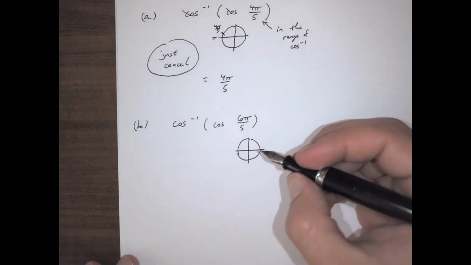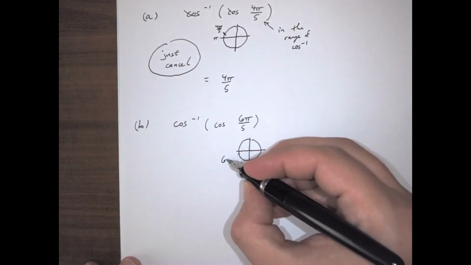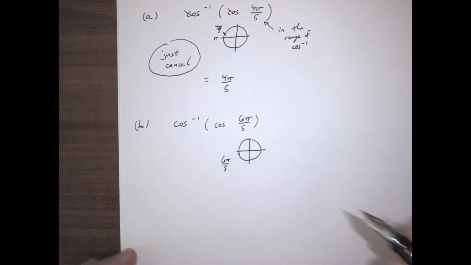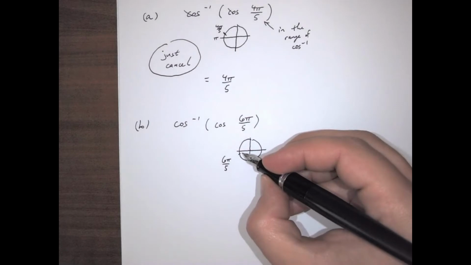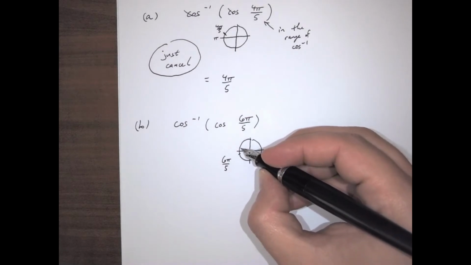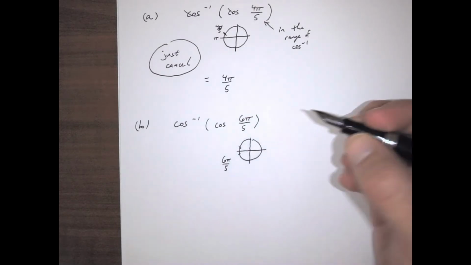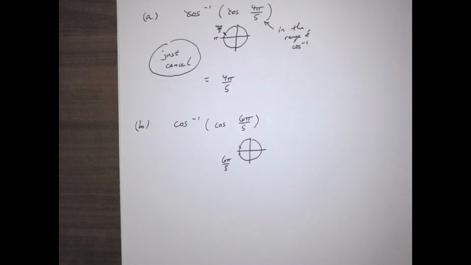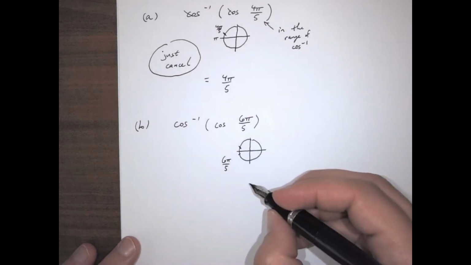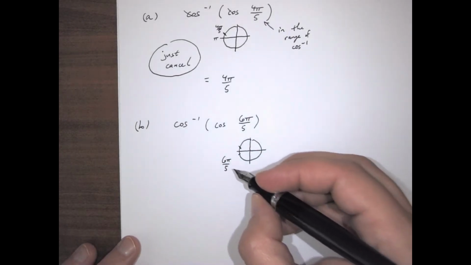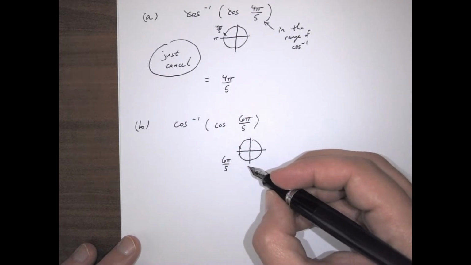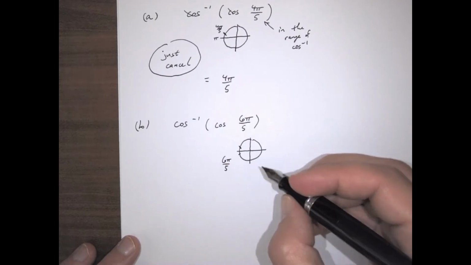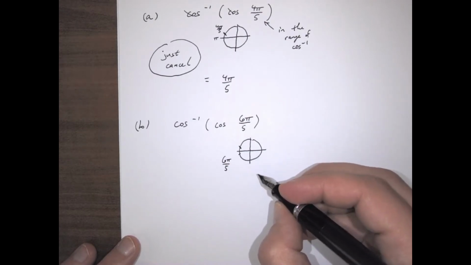And so this is our angle here. And so they don't exactly cancel each other out, but the answer will be whatever angle this is that has the same cosine as 6 pi over 5. Now, we could see different ways of thinking about this. 6 pi over 5.